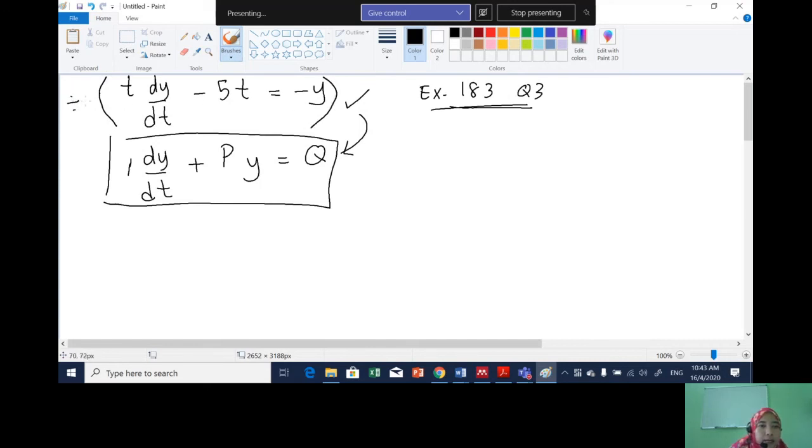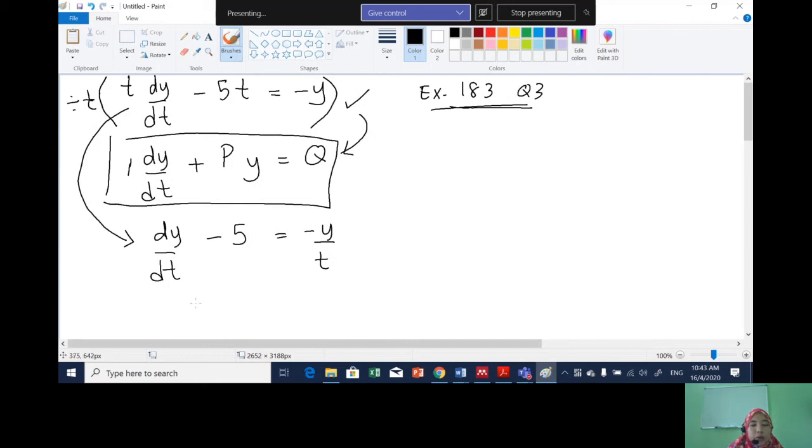The left hand side and the right hand side must be divided by t. Okay, so when we divide the left hand side and right hand side by t, it becomes dy/dt minus 5 equal to negative y over t.